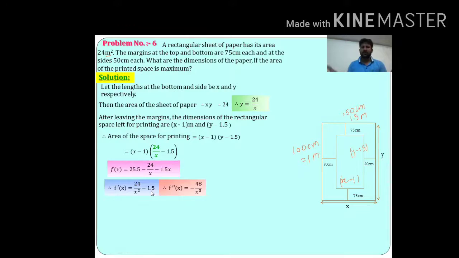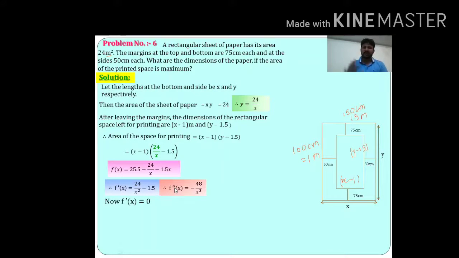Minus 1.5, the constant's derivative is 0, no need to write. Check here: minus 48 by x cube. x is the length of the rectangle, so it is always positive. A positive quantity divided into 48 is positive again, and multiplied by the minus sign, the second derivative answer is negative, less than 0. That is related to maximum area being obtained.